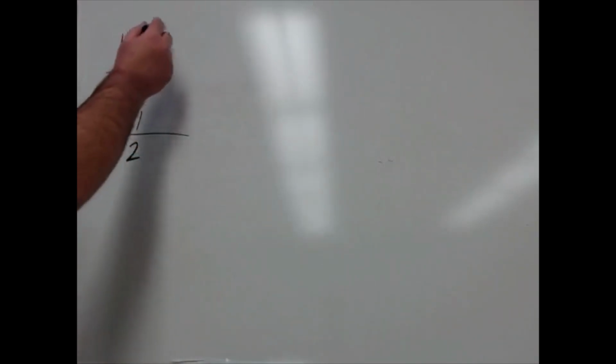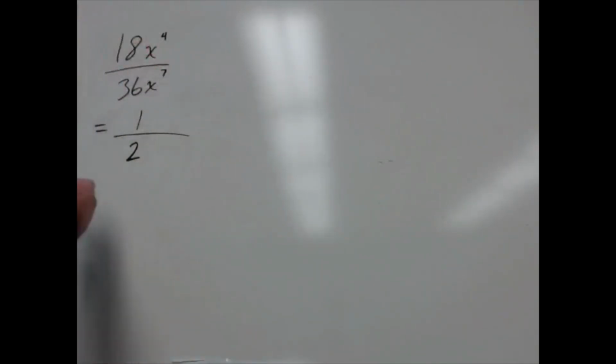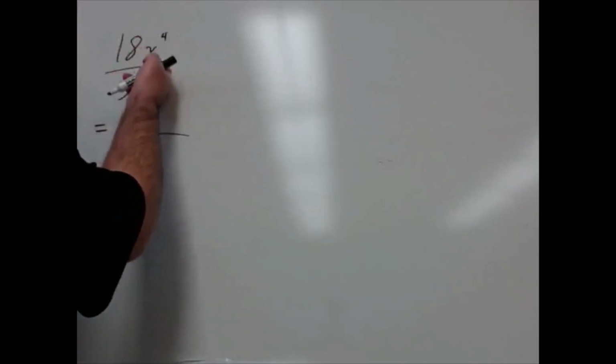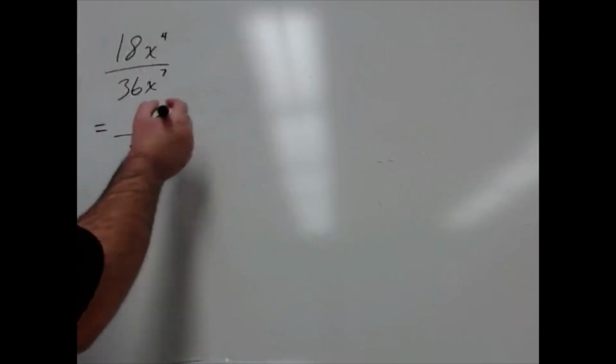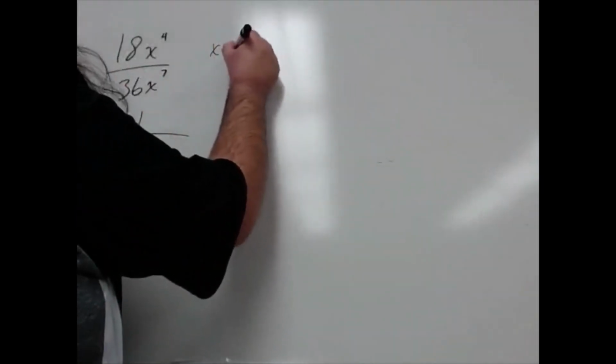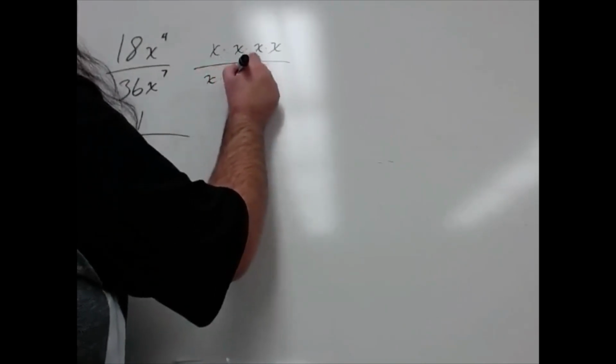Now I'm going to look at my x term. So this is x to the 4 on top and x to the 7 on bottom. This is really the same as having 4 x's in my numerator multiplied together and having 7 x's in my denominator all multiplied together.